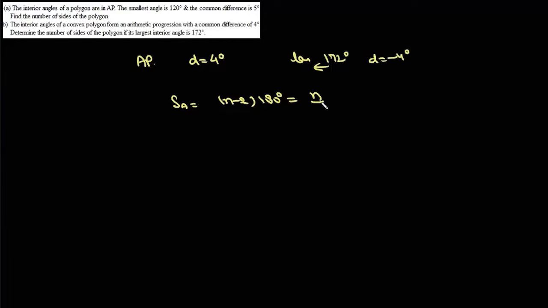So it'll be n by 2 into (2a, which is 2 into 172 degrees, plus (n minus 1) into minus 4 degrees).